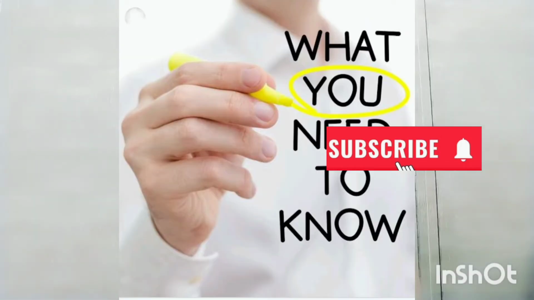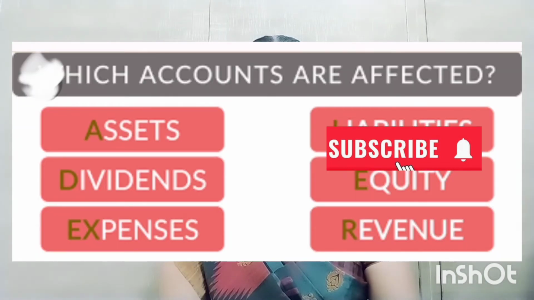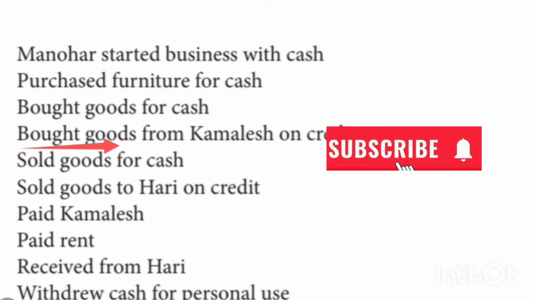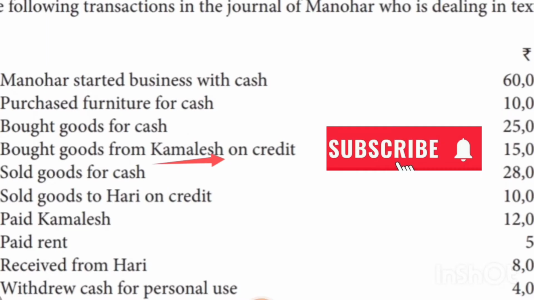What do we come to know? What are the two accounts affected? Listen to the transaction clearly. Bought goods means we use the term purchases. So the first account affected is purchases account. The next account affected is Kamlesh account.